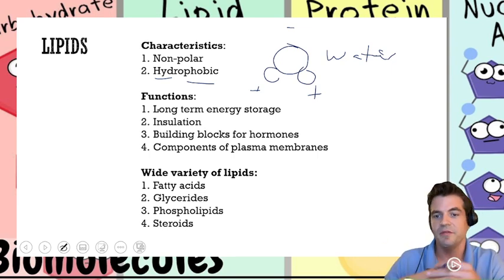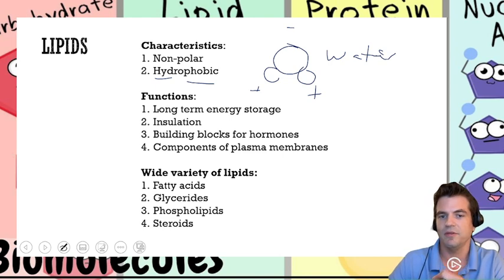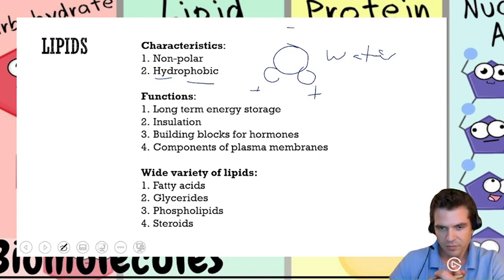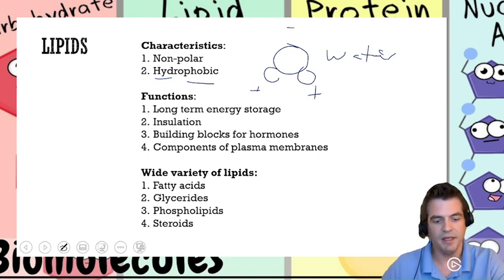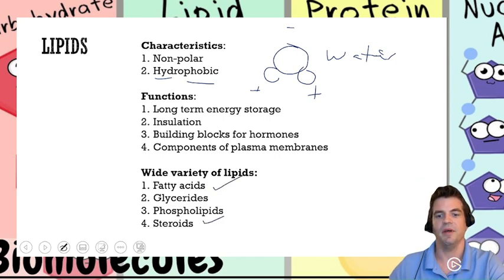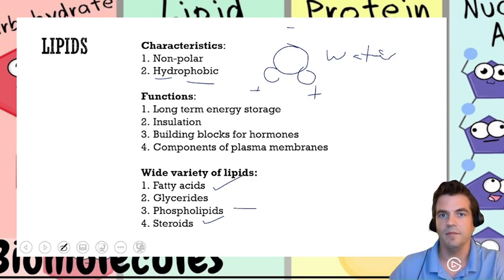The functions of lipids we already talked about: long-term energy storage, building blocks for hormones, and our plasma membranes. And there are a variety of types of lipids. I mentioned the steroids, and the typical fatty acids are what we'll be talking about, and phospholipids are what we see in the cell membrane.